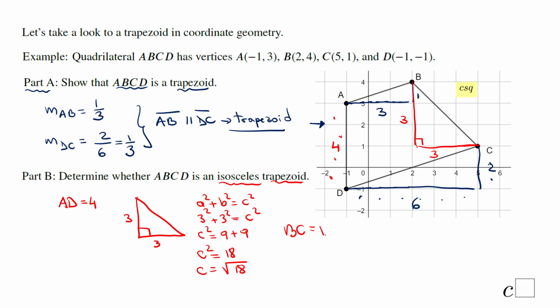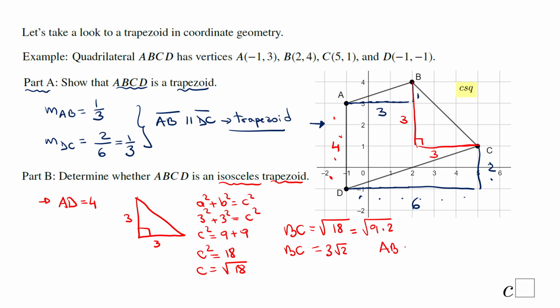Looking now at this radical, square root of 18, and AD: square root of 18 is not 4, it's a little bit more than 4, right? In fact, square root of 16 would be 4. And square root of 18 is, by the way, square root of 9 times 2, which is 3 square root of 2. So we notice these two are not the same. So this is not an isosceles trapezoid.